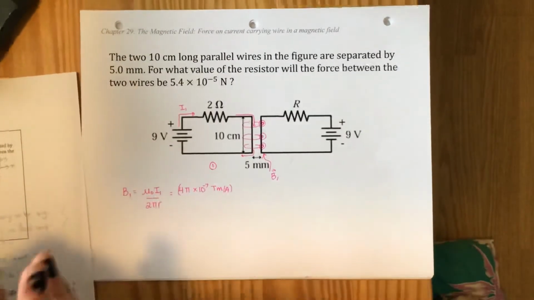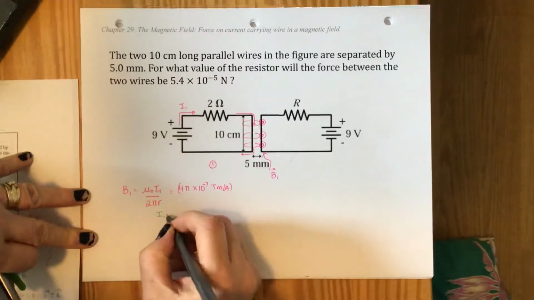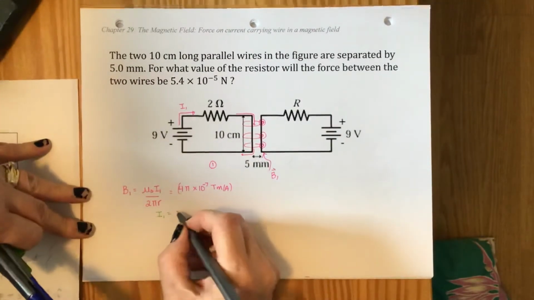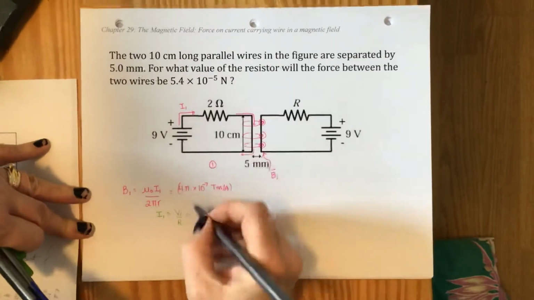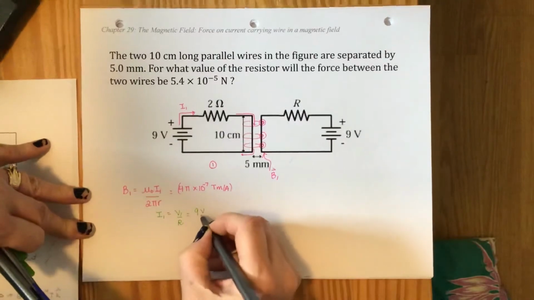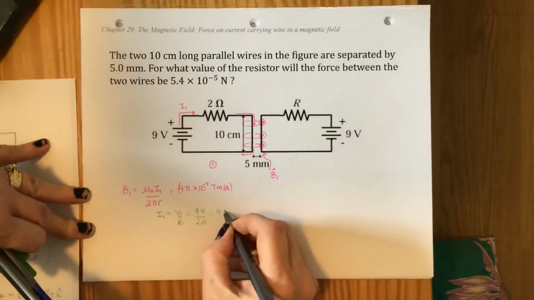Well, there's something we don't know just yet. Can we find current I1? Well, Ohm's law says that V equals IR, so then I is going to be V divided by R. The V is the potential, 9 volts, divided by the resistance, 2 ohms, gives us a current of 4.5 amps.